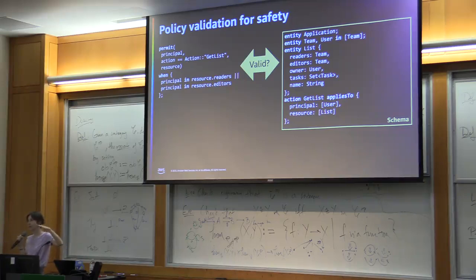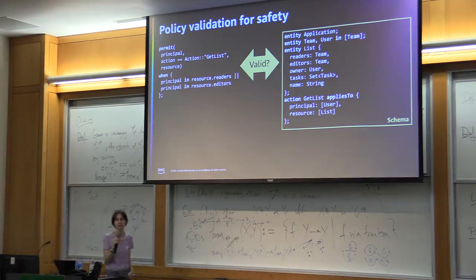Usually what happens in these big distributed systems is there's a team that defines the schema. So here's a description of my system. I'm going to provide these API endpoints. These are the types that can go in. The API endpoints represent actions. And then the other teams who invoke them can write policies against that schema. In a simple setting, it's the same person who writes the schema and the policies. In the real world, usually it's different sets of people who do it.